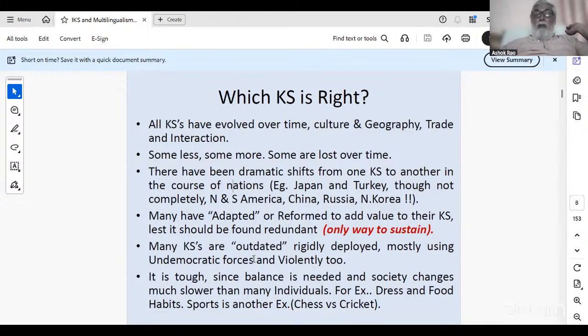It's a tough balance since society changes much slower than many individuals. For example, many individuals have already adapted to a different knowledge system, different lifestyle, different values, but collectively the society has not moved.